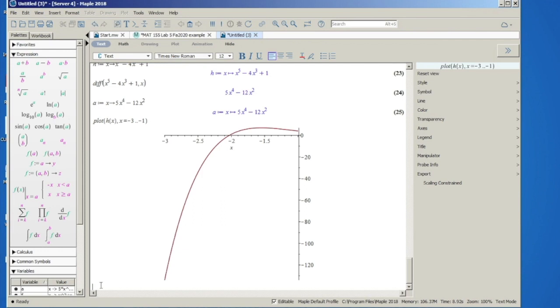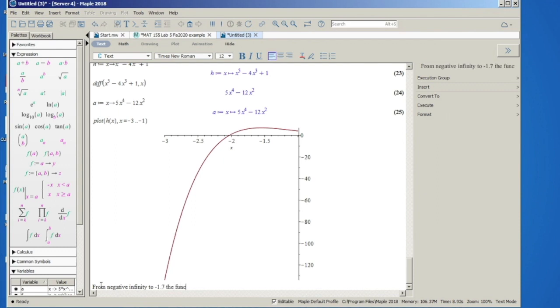So we could say from -infinity to -1.7, the function is increasing. The function values are increasing up to this point.